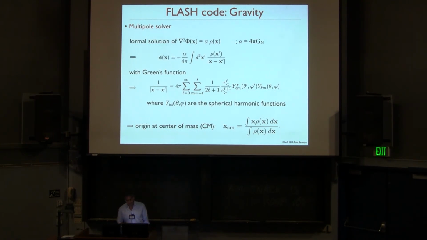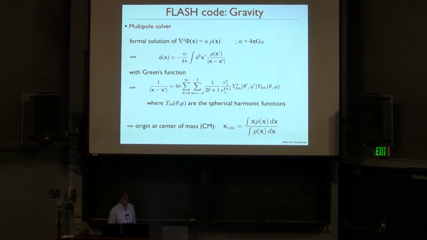And because it's a multipole expansion around a radial distance essentially, the radial distance comes just from this separation. You also have to define an origin of your problem, and the origin is calculated automatically by the center of mass.